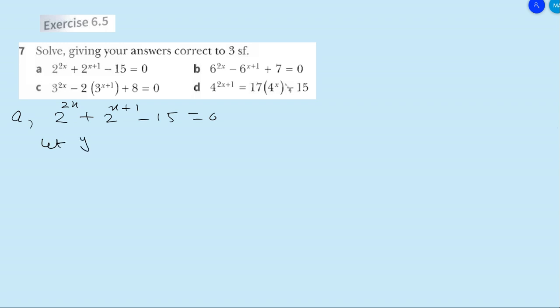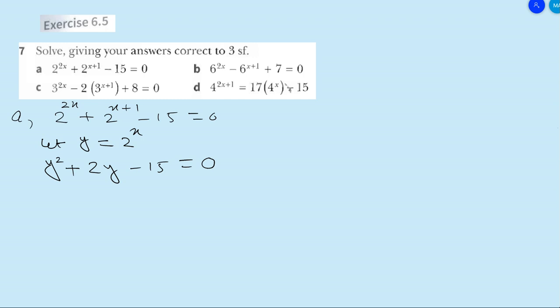Let y equal 2 power x. So it becomes y square plus 2y minus 15 equals 0. If you have any problem, kindly see previous parts so that you can easily understand.